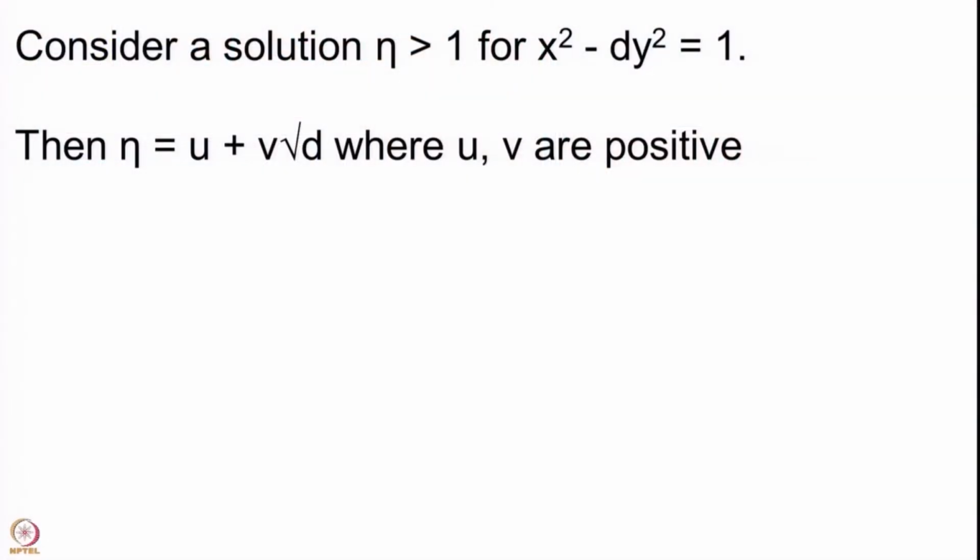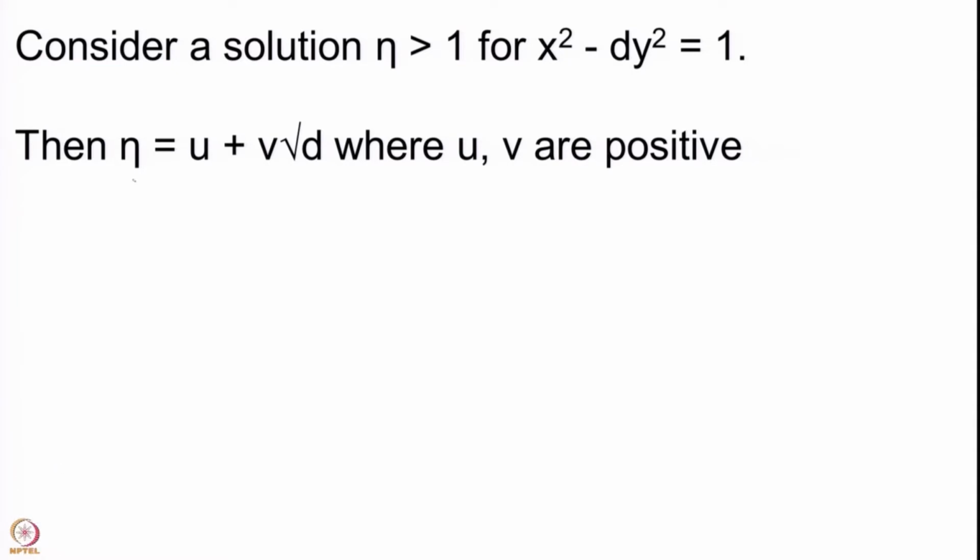So, we are going to start with d to be a positive square free integer, and we are going to write down the solutions to the Brahmagupta equation u square minus dv square equal to 1. So, we consider such a solution eta bigger than 1 for x square minus dy square equal to 1, then this eta will be of the form u plus v root d, where both u and v are positive.